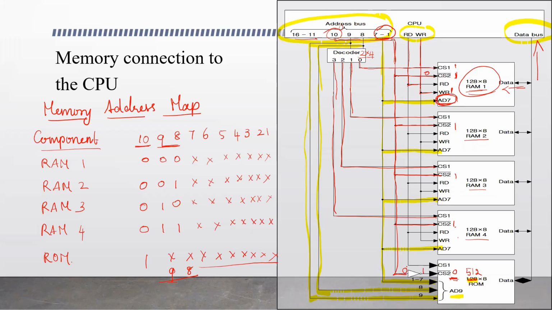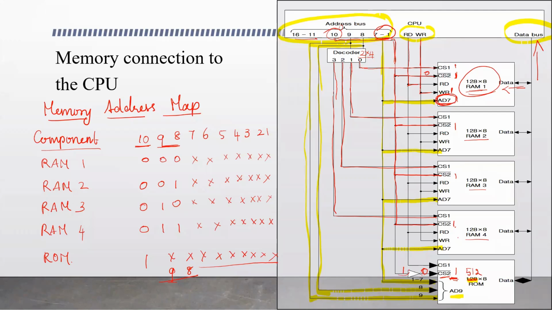Correct? In the diagram, when it is 0, when complemented, here it is inverted already. So the input given is 1, and at CS2 when it is complemented it is 0, so it is not selected. And when the input is 1 here, when complemented 0, and then again complemented it is 1.